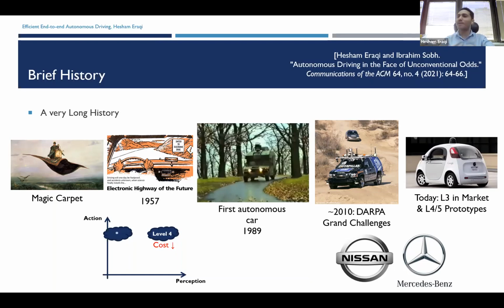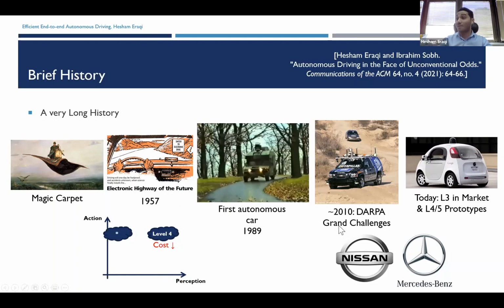So it is not what we want from developing autonomous driving. The first autonomous driving that does perception and action was in the 80s of the previous century. This ALVINN car from Carnegie Mellon University was driving in very specific conditions.